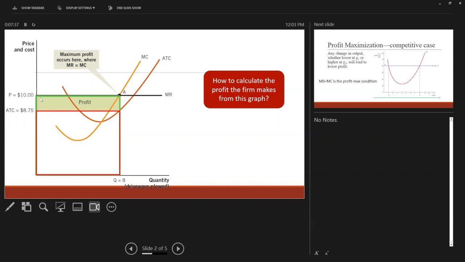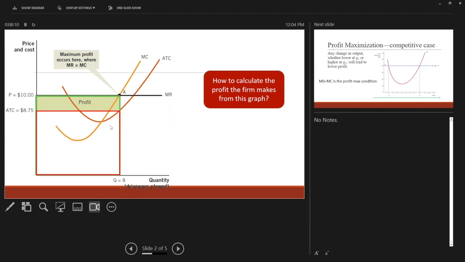If the revenue rectangle is just the same as that of the cost, then you're breaking even. There is no profit, no gain, no loss. If the cost rectangle exceeds the area of the revenue, that means whatever you're making is not enough to completely cover your cost, right? You're suffering a negative profit, meaning you're suffering a loss.